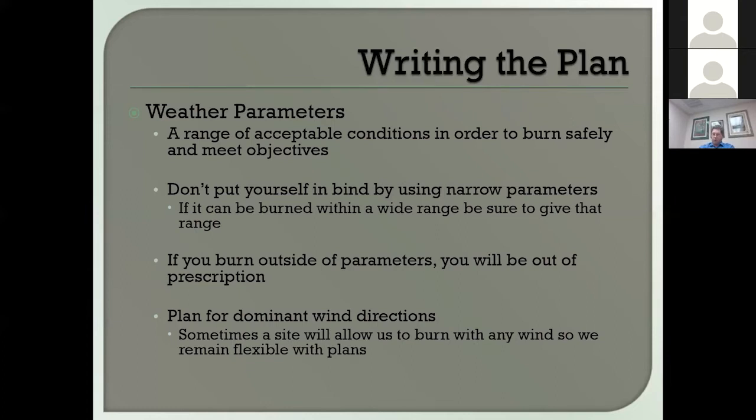But the other thing to think about too is you don't want to put yourself in a bind by using really narrow parameters, because in Nebraska, we just don't get enough days where we're going to have good burn window opportunities. So you basically need to give yourself every opportunity to burn, still trying to maintain those objectives as well.